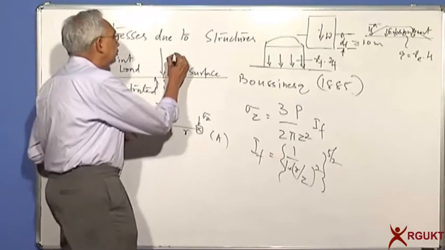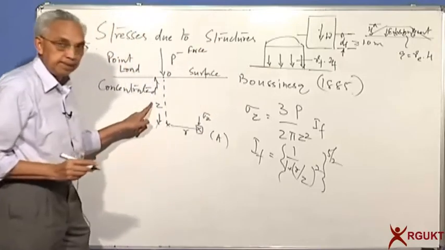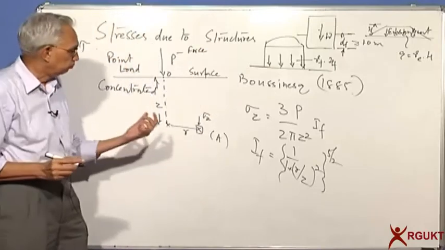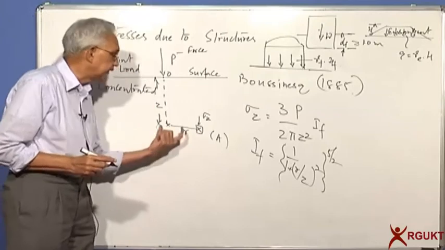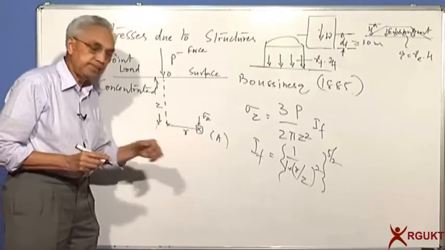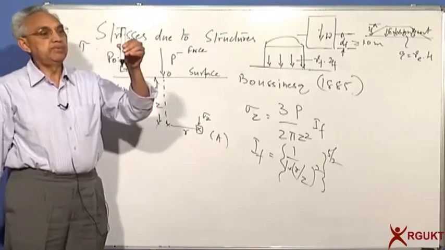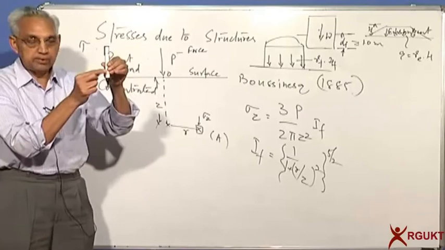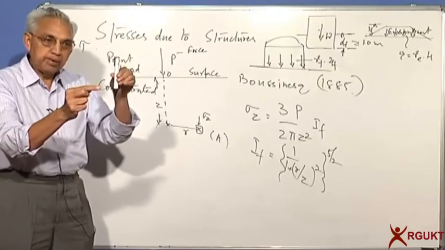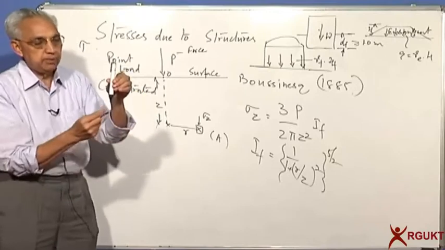Please remember, P is a force, Z is the depth at which you are interested, and R is the radial distance from the vertical force, and this is what you can call an axisymmetric problem. If I have a vertical force downward, it doesn't matter whether the point is towards you, to the right, to the left, or behind.